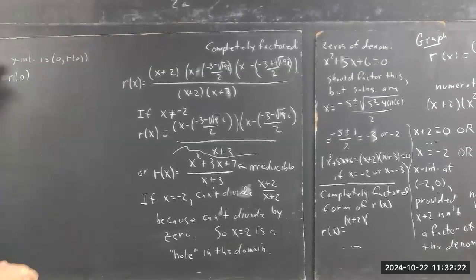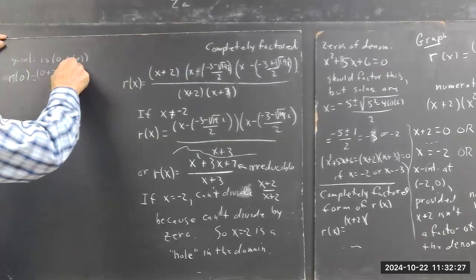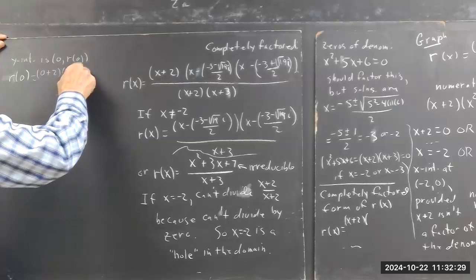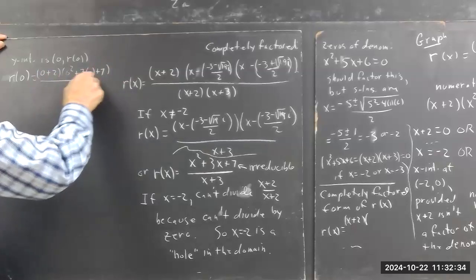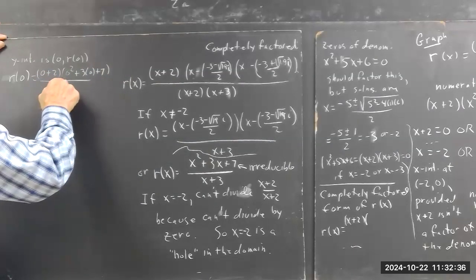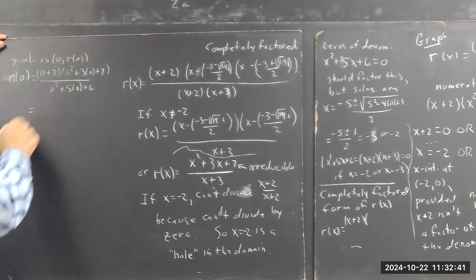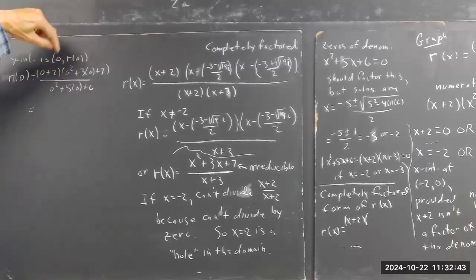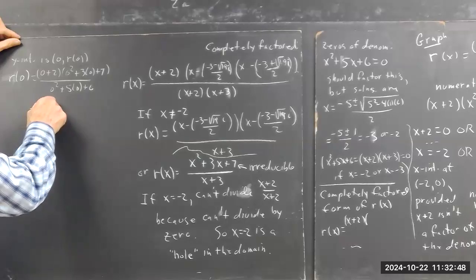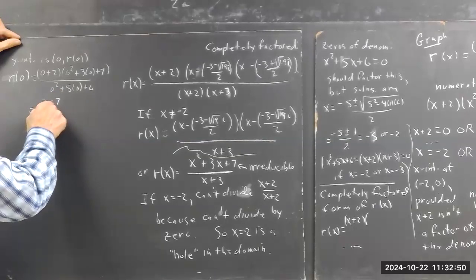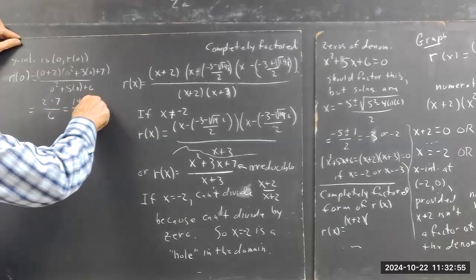And r of 0 is, well, we just replace all the x's by zeros. That's just going to leave us 2 times 7 over 6, which is 14 over 6, or 7/3.